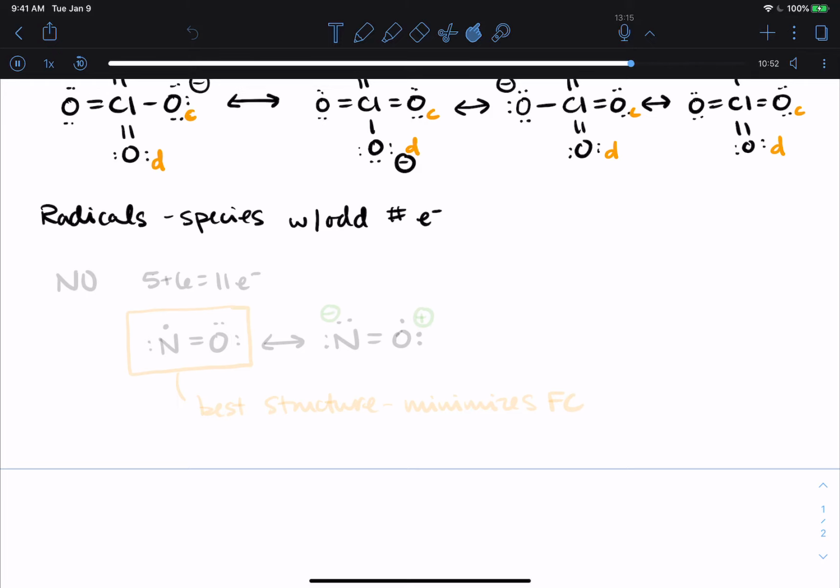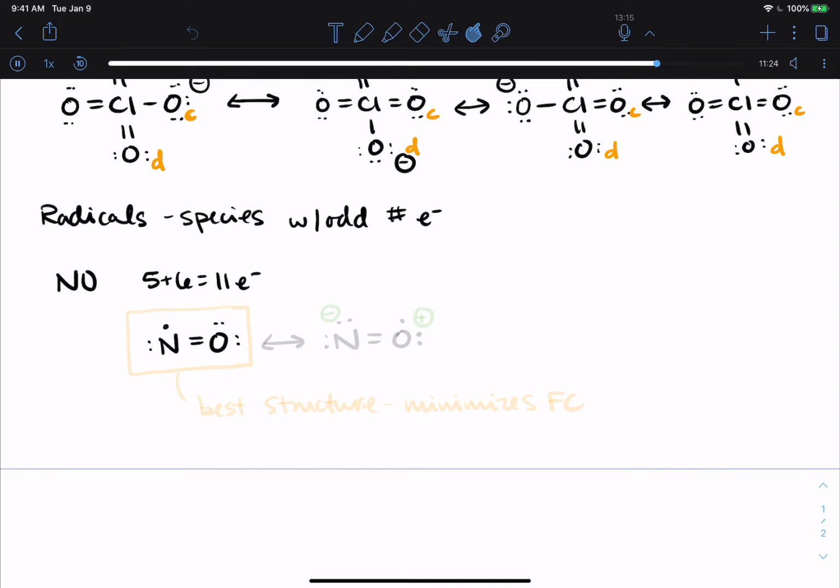So an example of a radical is NO, and this has 11 electrons. So when you draw the Lewis structure for this, and this is a diatomic, so we don't have a central atom, it's just nitrogen connected to oxygen, you have the possibility of making this so that oxygen has an octet and nitrogen doesn't quite have an octet because I ran out of electrons.